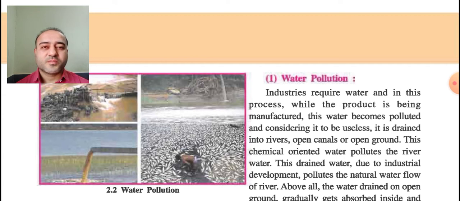Due to which the water is getting polluted, and the same water is consumed by the aquatic animals, due to which they lose their lives. Okay, so this chemical oriented water pollutes the river water. This drained water, due to industrial development, pollutes the natural water flow of the river.